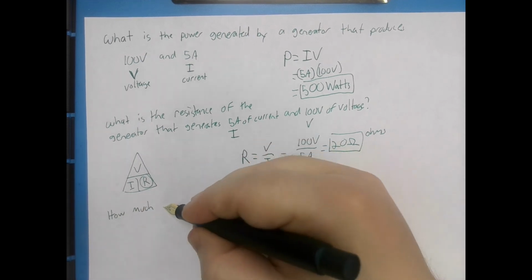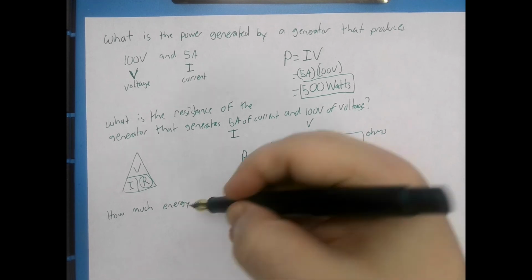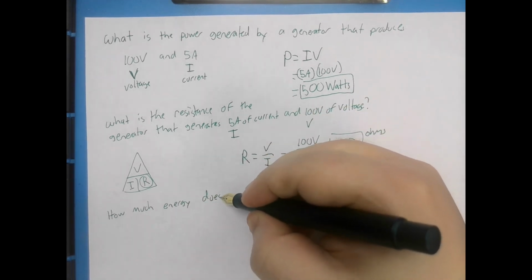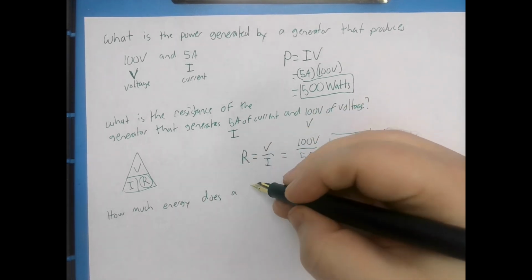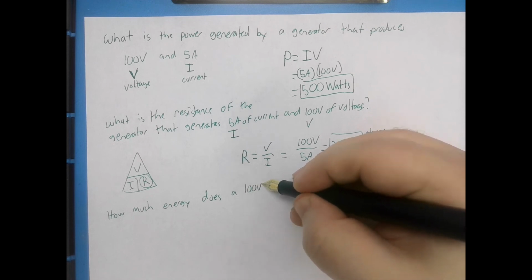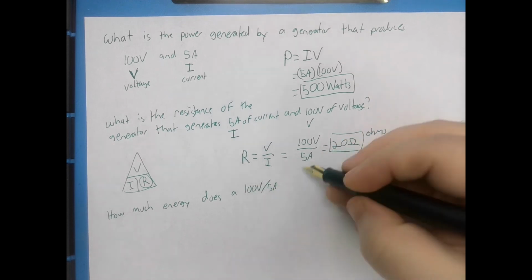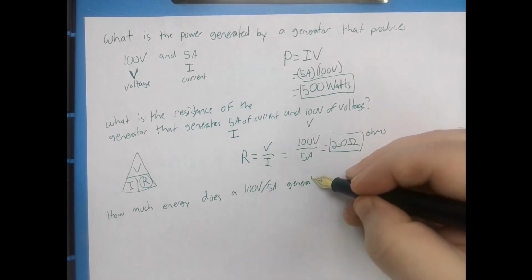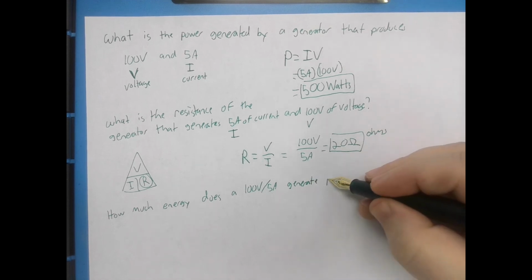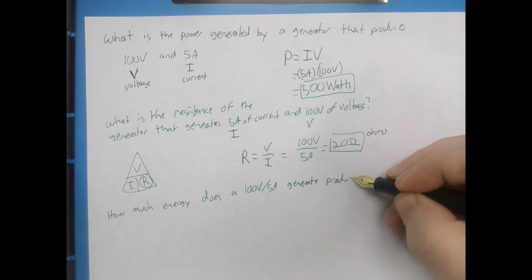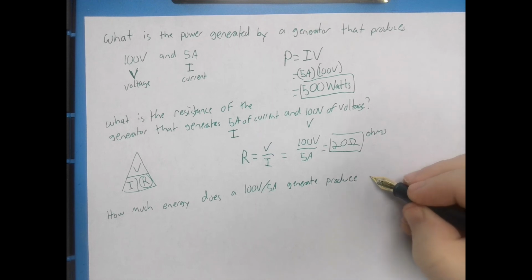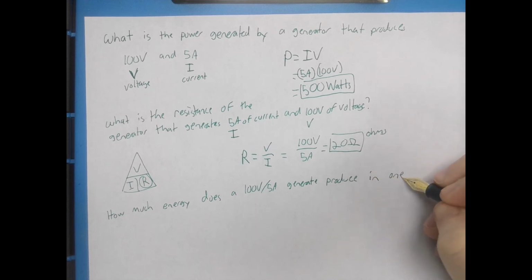How much energy does a 100 volt 5 amp generator produce in 1 minute?